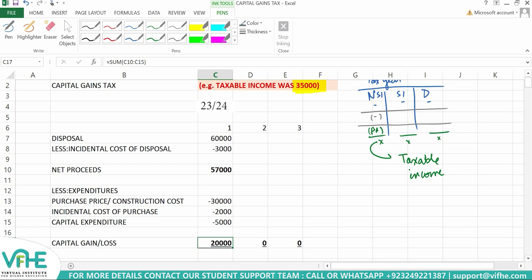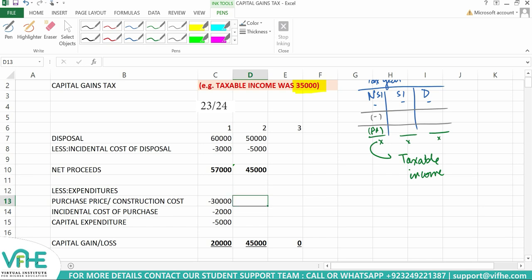Now, if any other asset or assets are disposed of by the same person in this tax year, we need to compute the other gains or losses as well. So let's say the second chargeable asset was his land, which he sold for £50,000, and he had incurred an incidental cost of disposal of £5,000 over it, and thereby the net proceeds he has received over the disposal of this land is £45,000.